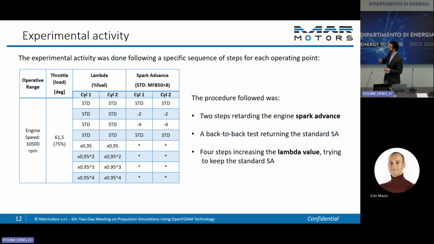And then we came back to the standard spark advance, a back-to-back test, and finally we went with the leaner values of lambda, trying every time to come back to the MBT spark advance.